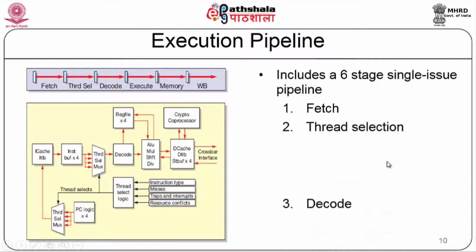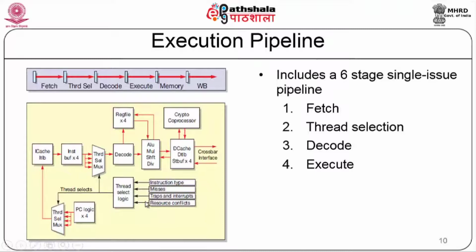thread select is controlled by the thread select logic here. The thread is selected based on all these factors: the instruction type, whatever operation is happening, whether it is a long latency instruction or will finish early, and whether a trap has been generated or not. It also depends on whether there is a structural hazard, a conflict between the various instructions.